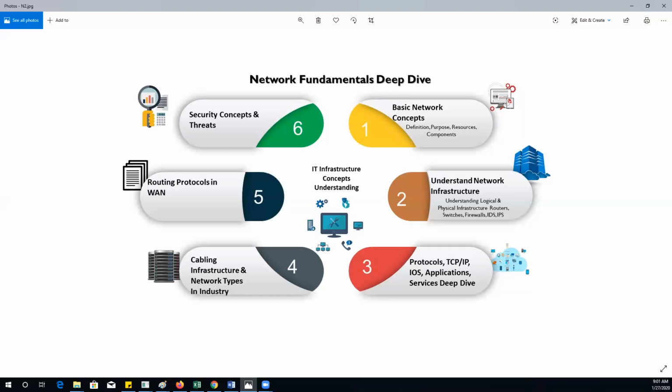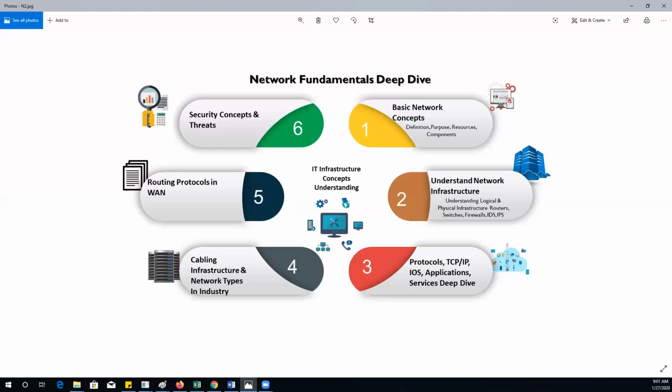So in this phase, first we will understand the security concepts and threats, and then we learn a number of skills: how can we protect our network from these bad guys?